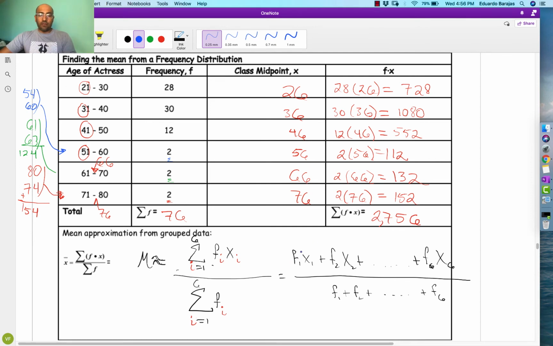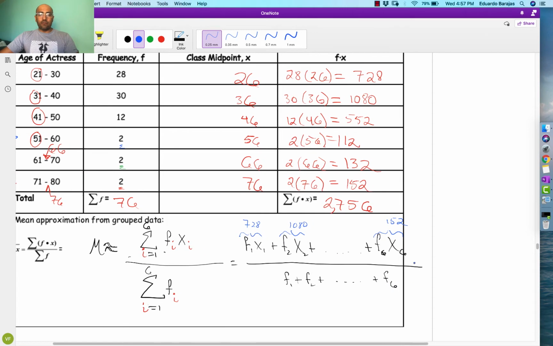Okay, so this first product, that's this one. We figured that out. This one here is 728. And this one here, that one is 1080. And so on. And the very last one is 152. Okay, so if we add all of these up, that'll be the sum of the numerator. And we already did that. Right? That table helps us organize all this information.